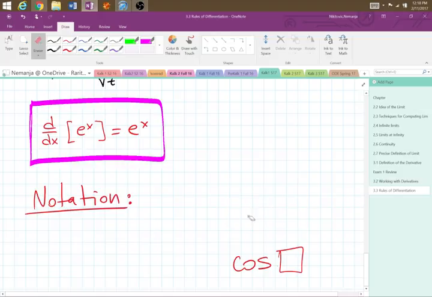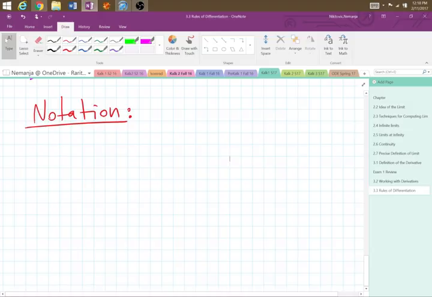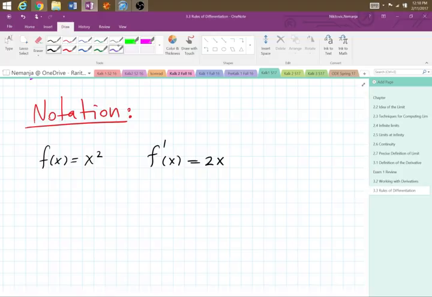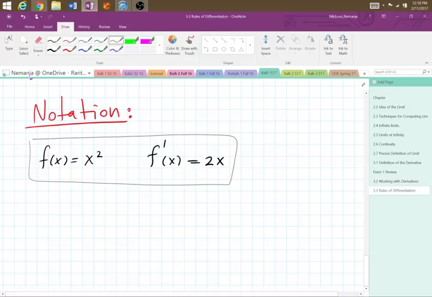So now, when we are talking about notation for the derivative, we understand that we can write: if f of x is equal to x squared, the derivative of f of x is 2x. So this would be a pair, and I'm going to box this as a pair. Note that I had to start a new expression, right?